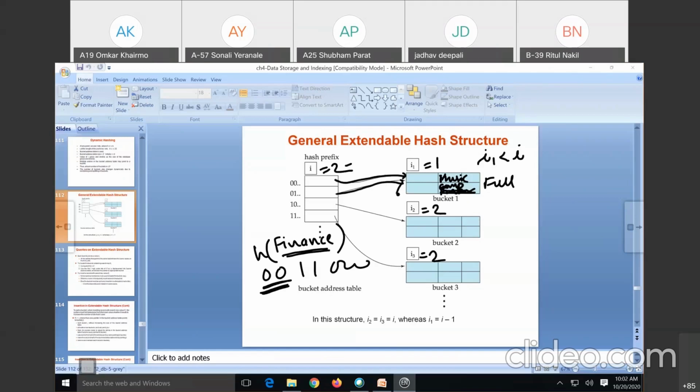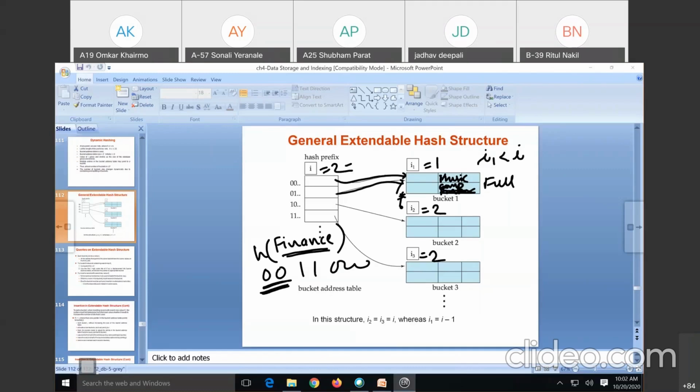Again, I am trying to insert a record with the search key value finance. It locates me to 00, but there is no space in this bucket. What do I need to do? The bucket is full, so I need to add another bucket.